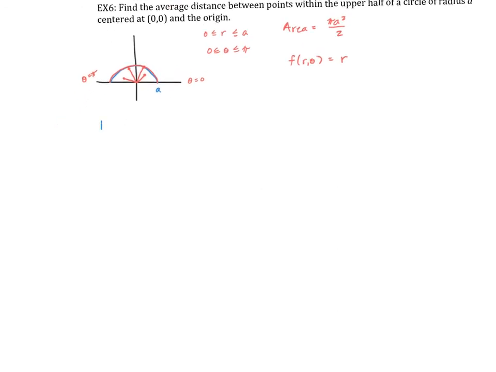When I find the average value of my function, which is just these distances r, it's going to be 1 over the area, so I'm going to flip that and write 2 over pi a squared. Theta goes from 0 to pi. r is going to go from 0 to a. r is my integrand, r dr d theta.